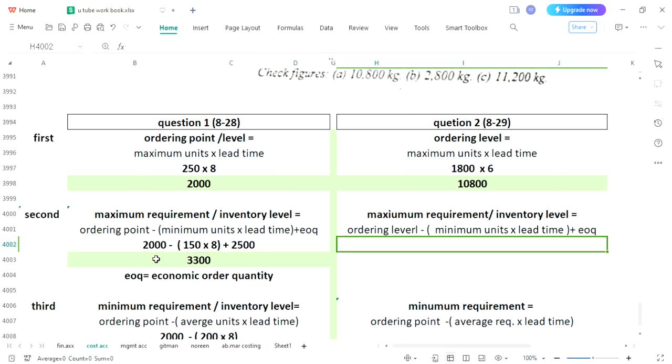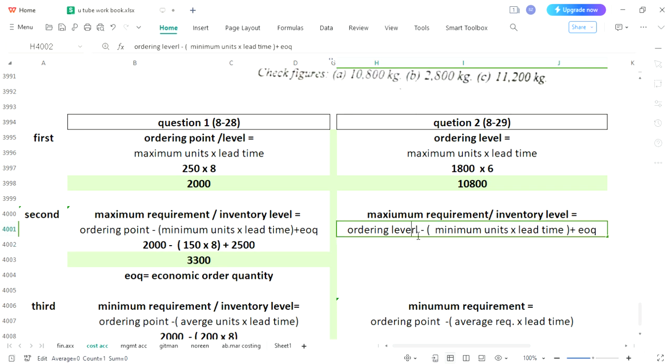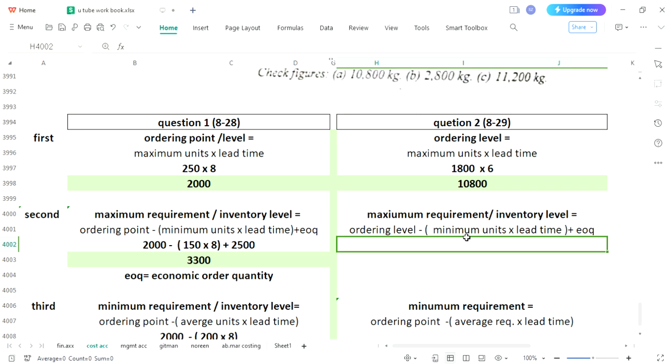Okay, we are now going to calculate our next requirement, which is maximum inventory level or maximum requirement formula. We have already written ordering level minus bracket open minimum unit lead time EOQ. Ordering level is the first point to be added, and we have already calculated ordering level, and that is 10,800.